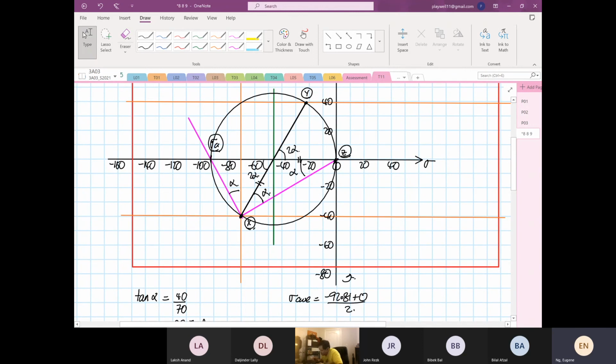Now, why is this answer not valid? Anyone? Let me show you what is so unique about this circle. Is this a 2D Mohr circle or a 3D Mohr circle? It is 3D, because point X, point Y, and point Z are all on one circle.